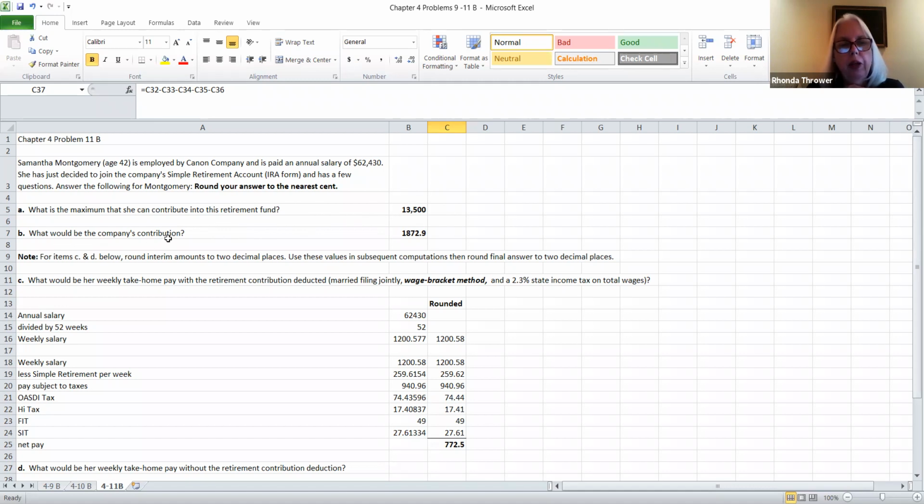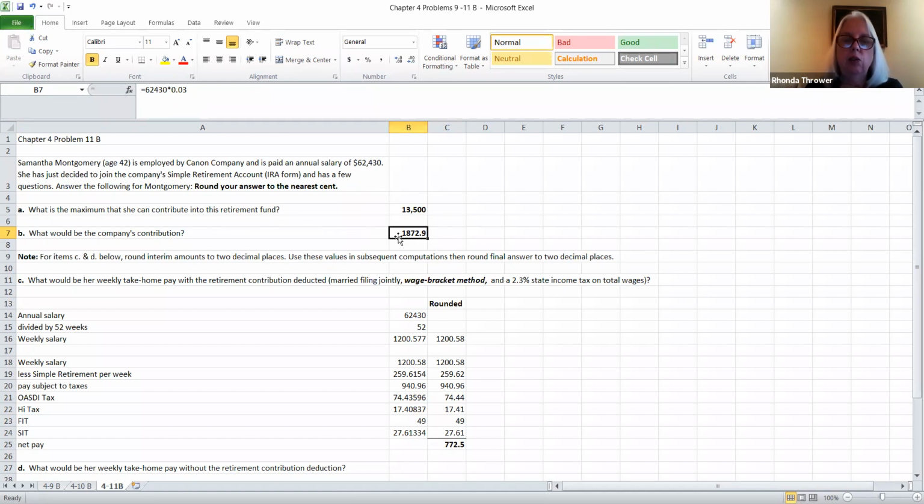What would be the company's contribution? The company is limited to 3% of the salary of the employee. So what I did is I took 62,430, the salary of the employee, and multiplied it by 3%. That 3% is a given amount in the table in figure 4-3 on page 4-9.